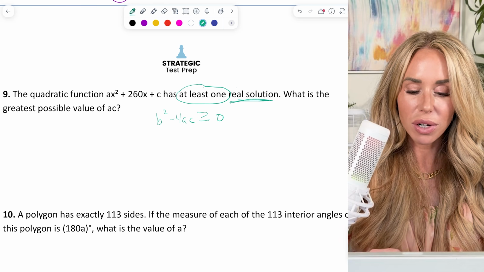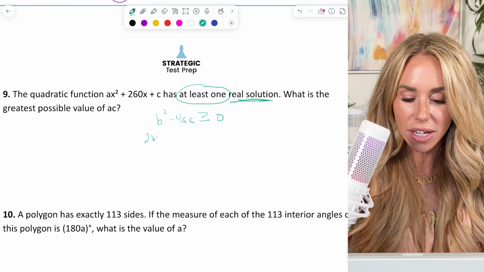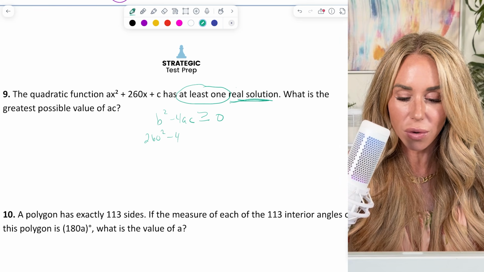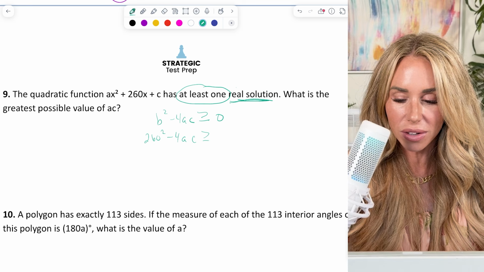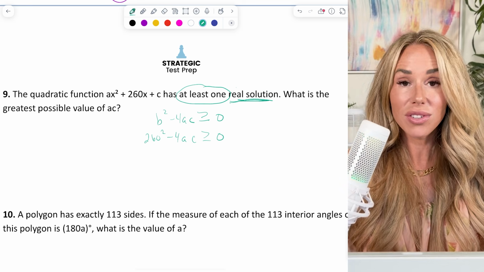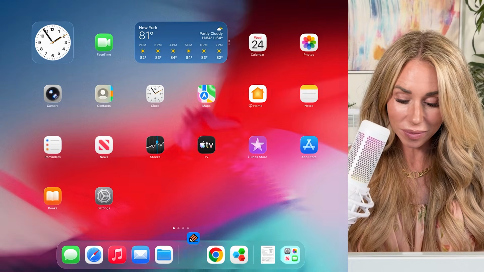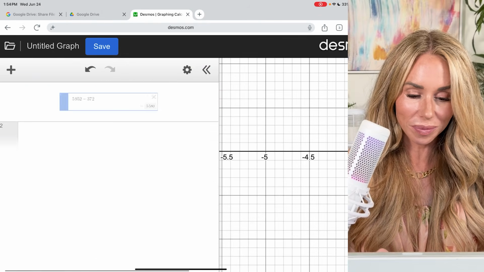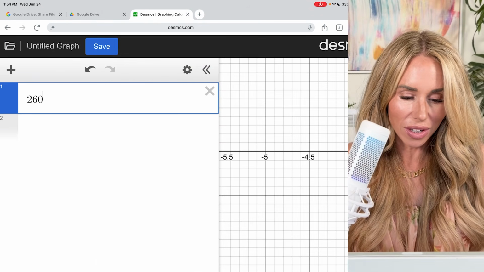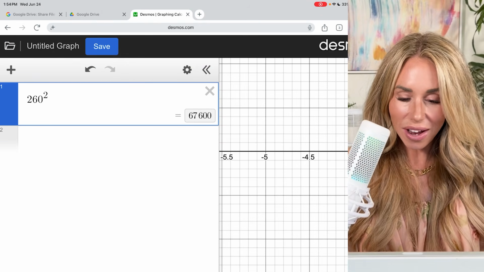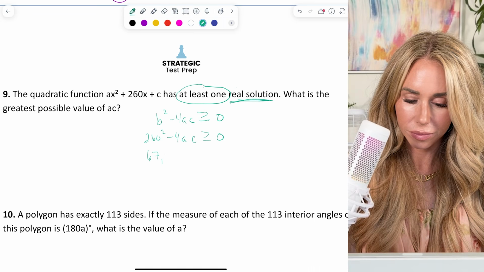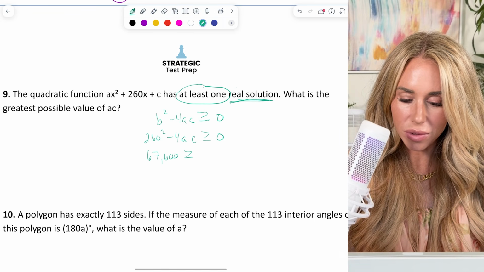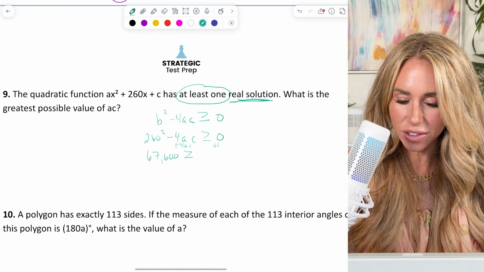Now I'm going to go ahead and put in what I know. B is 260. So 260 squared minus 4ac is greater than or equal to 0. What's 260 squared? I don't know. Let's find out. Good thing we have a calculator. 67,600 is greater than or equal to, I'm adding 4ac to the other side, guys.